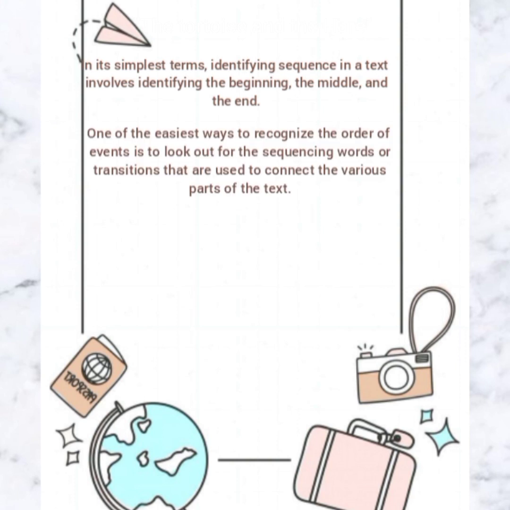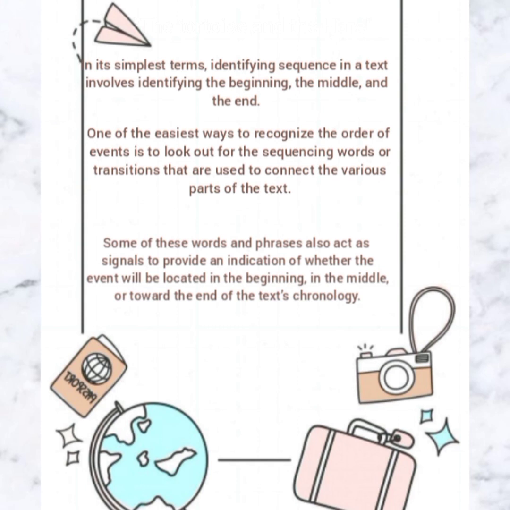One of the easiest ways to recognize the order of events is to look out for the sequencing words or transitions that are used to connect the various parts of the text. Some of these words and phrases also act as signals to provide an indication of whether the event will be located in the beginning, in the middle, or toward the end of the text chronology.